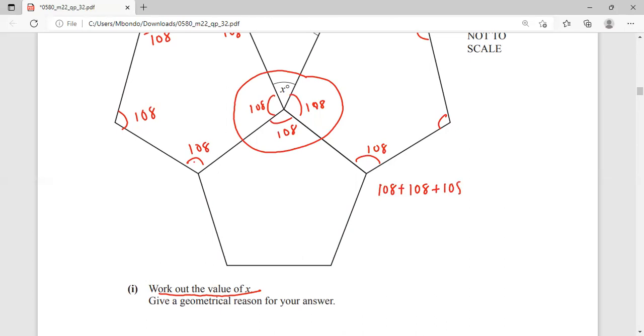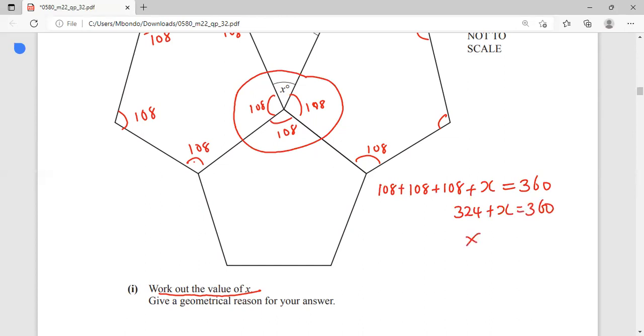There are 3, plus x. This must give us 360 degrees. When we add these 3 angles here, we get 324, plus x is equal to 360.